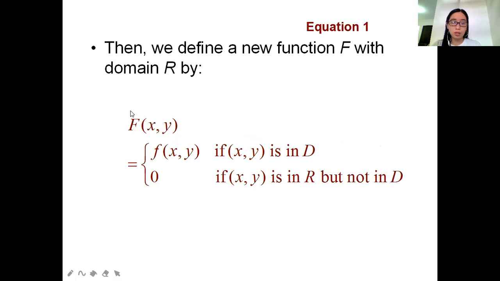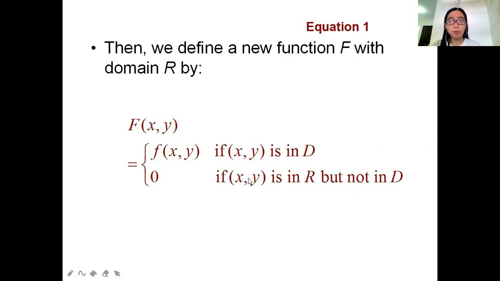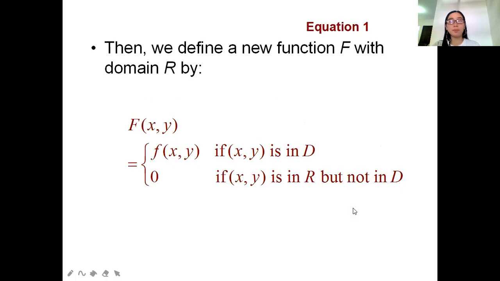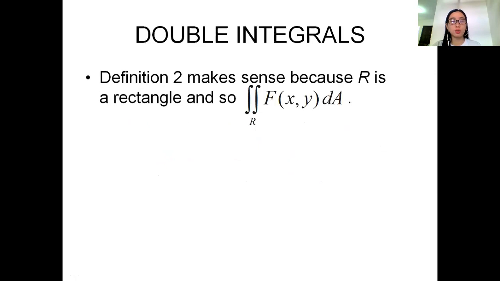So this one, we have a condition: f(x,y) if (x,y) is in D, and 0 if (x,y) is in R but not in D. Okay? That is our equation 1, which is defined in definition 2.